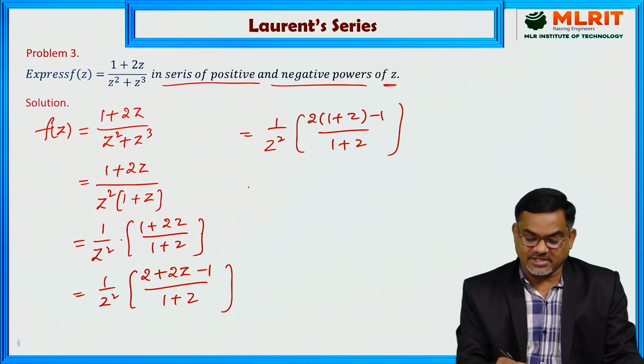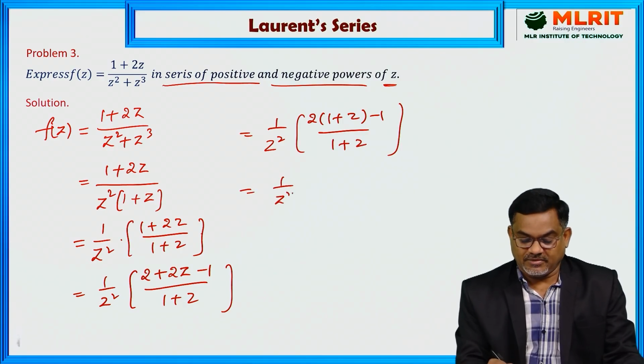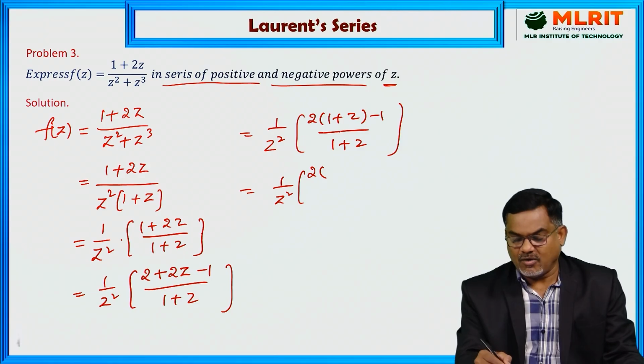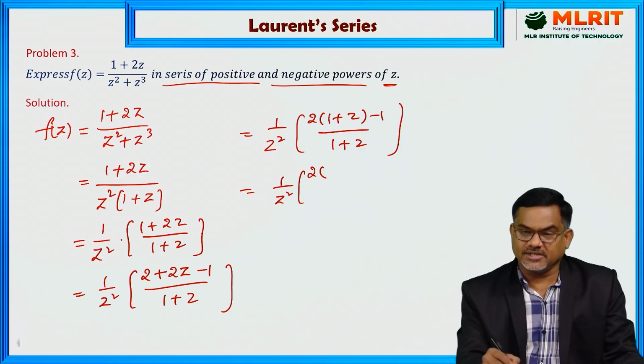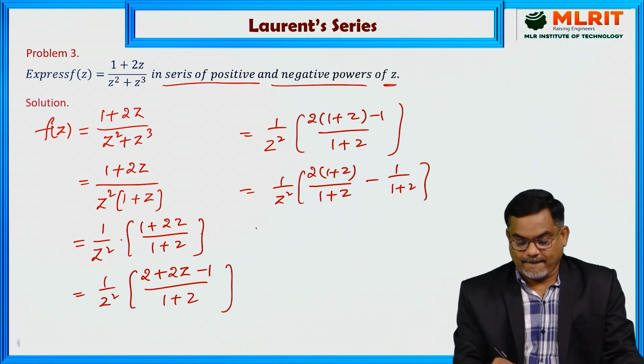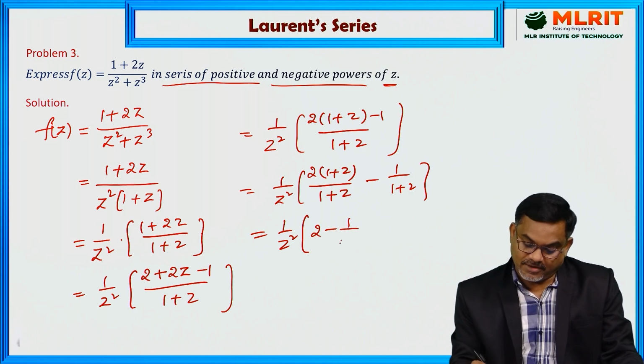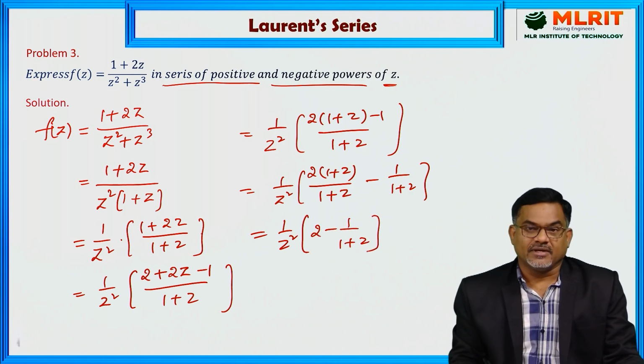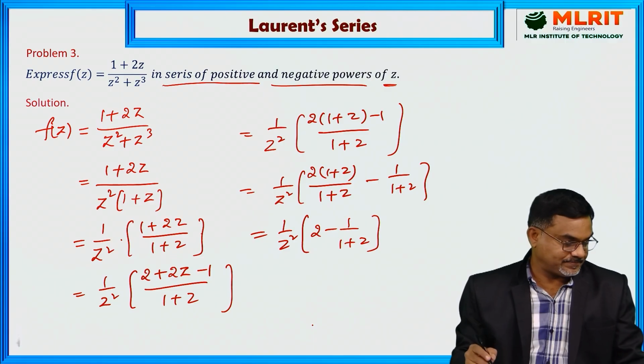So we got the same term in the numerator. So like that we simplify, and now a minus b by c form, it is in a minus b by c form, therefore a by c minus b by c. By writing in that form, we get this expression 2 minus 1 by 1 plus z. Now we need to expand this.